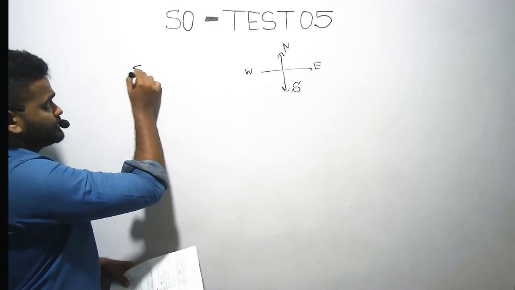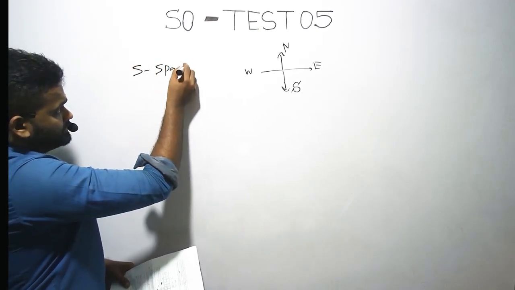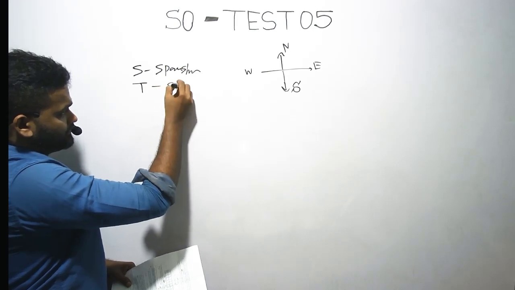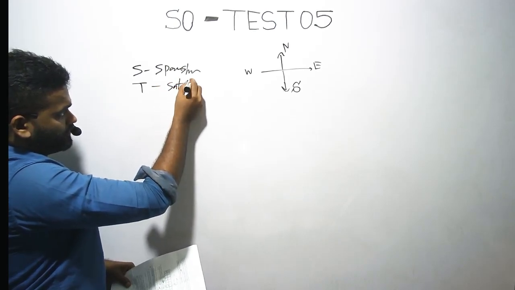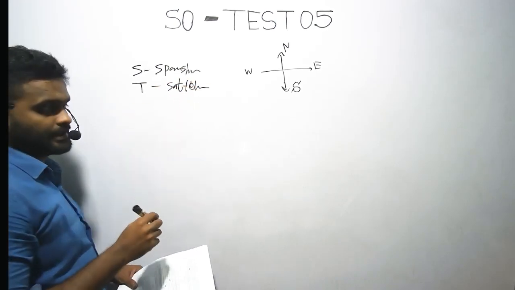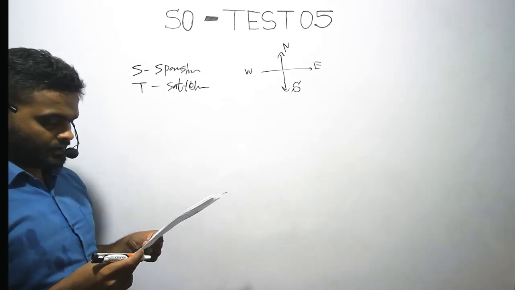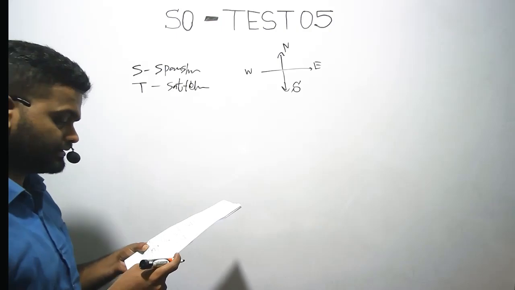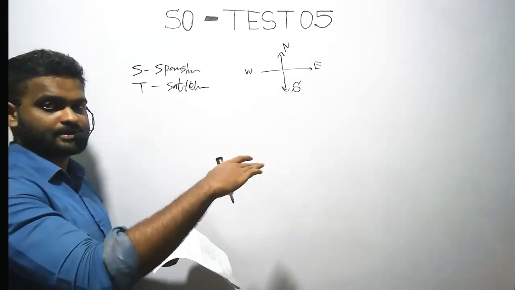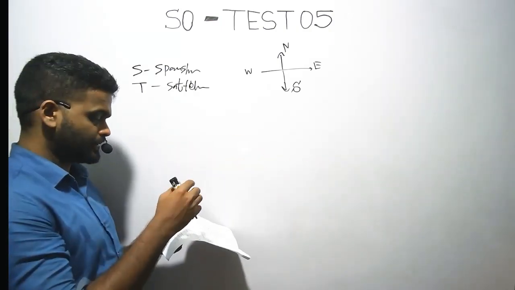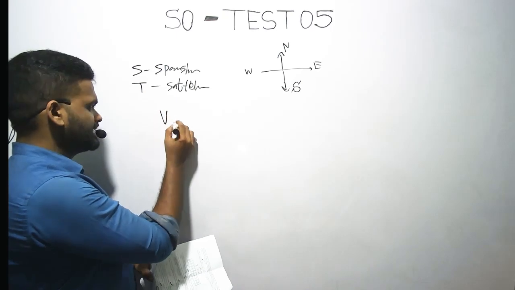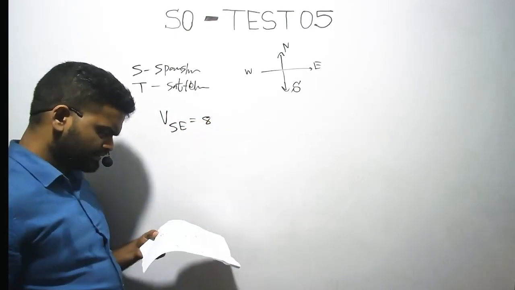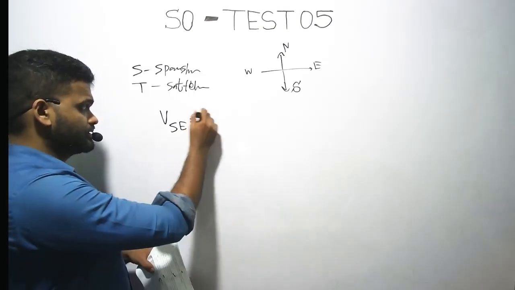So spaceship, I'll take it as capital S. Then there's a satellite, I'll take it as capital T. The spaceship is moving at 8 kilometers per second to east, which is obviously relative to Earth, right?